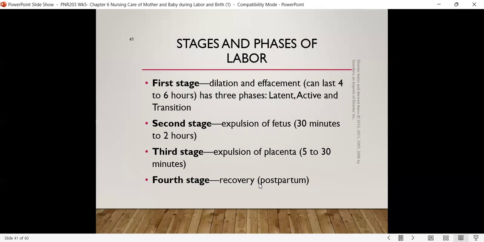And then she'll go to the mother baby unit to start her complete postpartum period. The postpartum period actually lasts up to 6 weeks. And then at the end of the 6 weeks, she'll come back in and have her 6 weeks checkup with her obstetrician-gynecologist, talk about future contraception, and then go on from there.